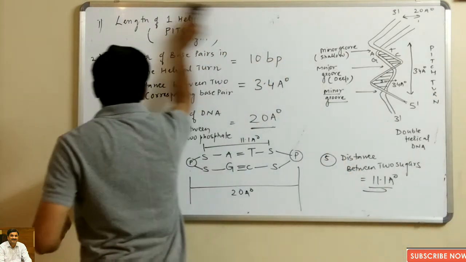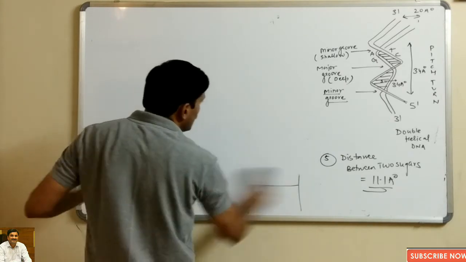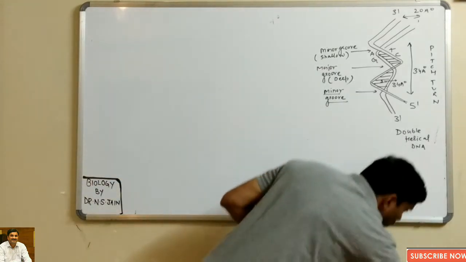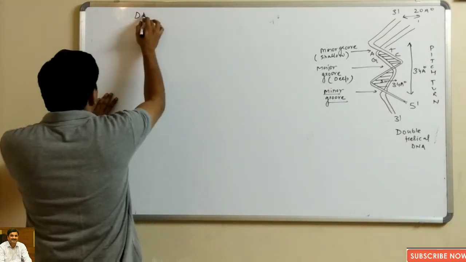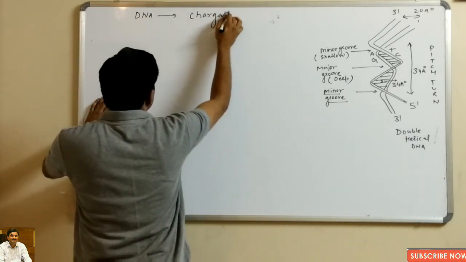Okay. Now, the DNA also follows an important rule, and that is known as Chargaff's rule. On DNA, a rule is applicable, and that is known as Chargaff's rule.